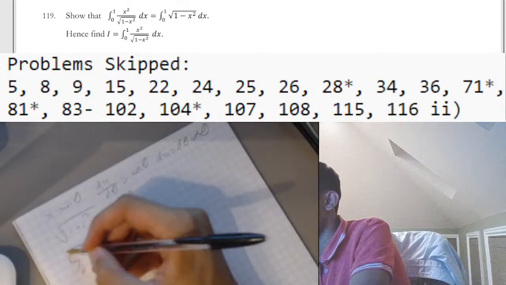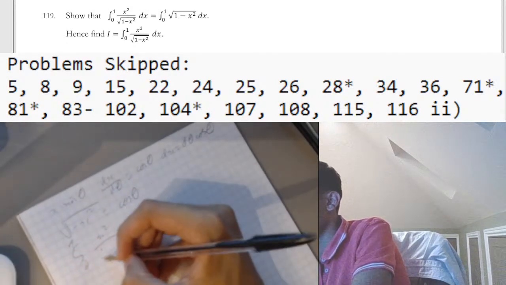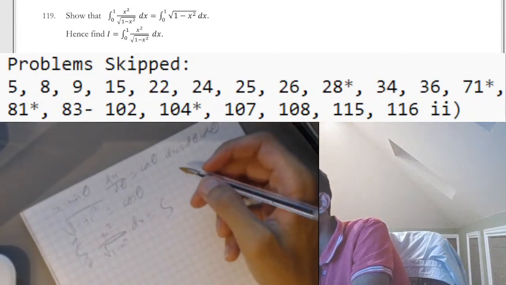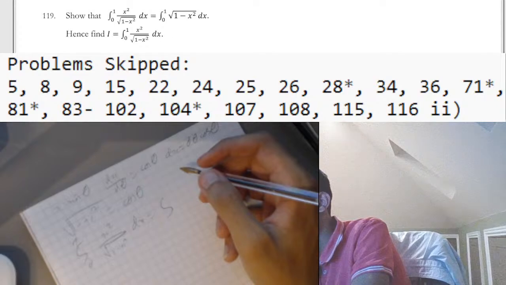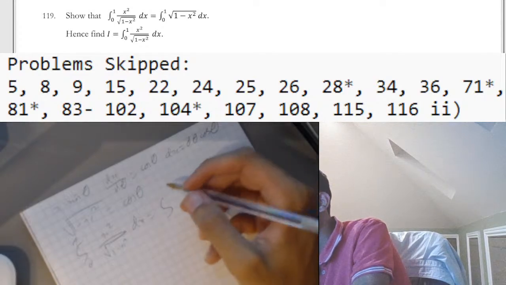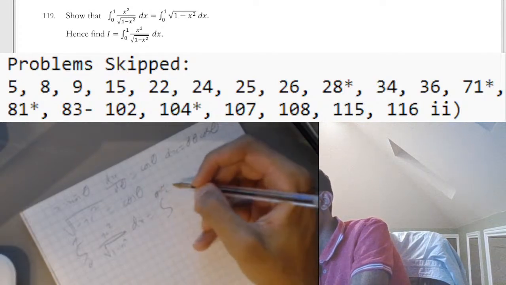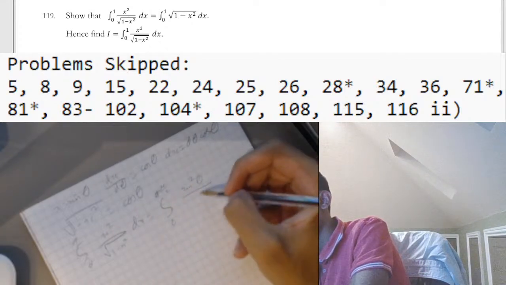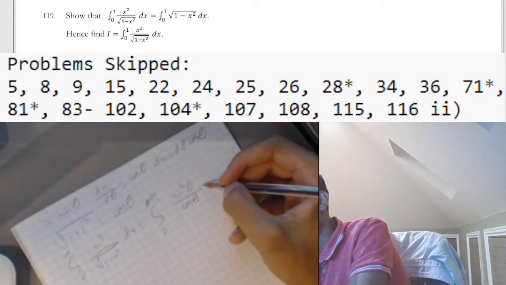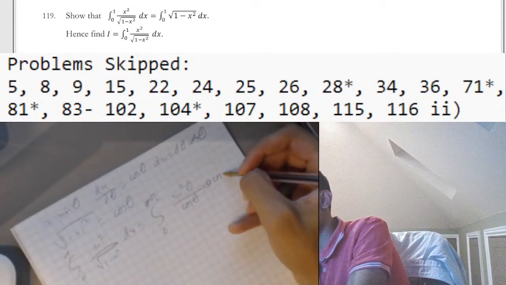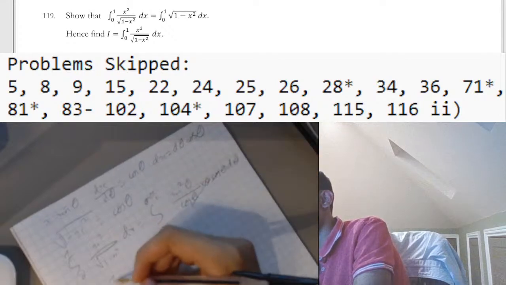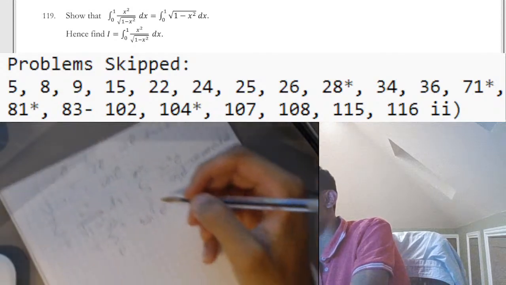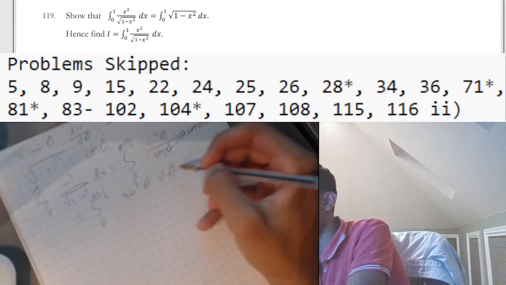So the integral, when x is 1, theta is 90 or pi over 2, and when x is 0, theta is 0. So it's going to be sine squared theta over cos theta times cos theta d theta. So it's just the integral of sine squared theta d theta.